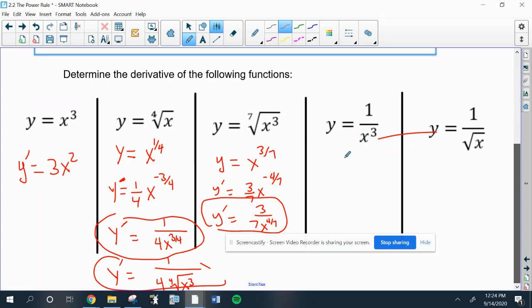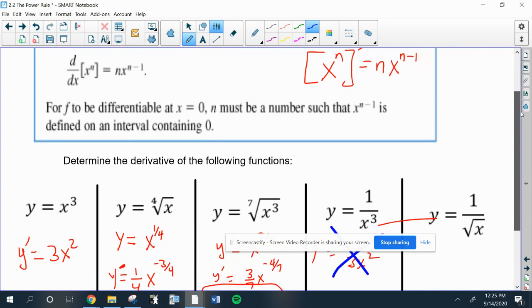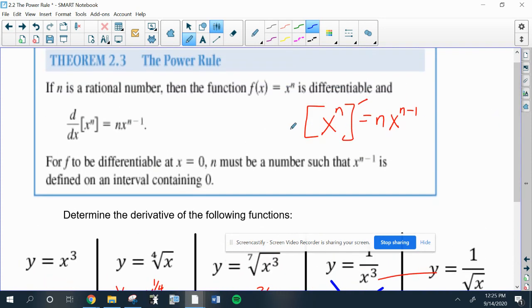Next one. Now, try this one before I do it. The common mistake for this one is I see this x cubed, so we just apply the power rule right away. But you can't. You have to apply the power rule exactly how it's shown. So it only takes the derivative of x to the n. That's it for now.